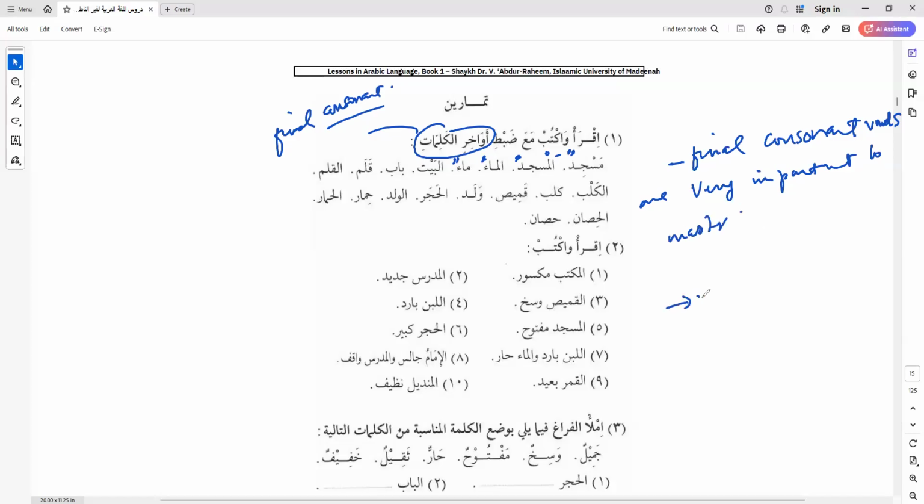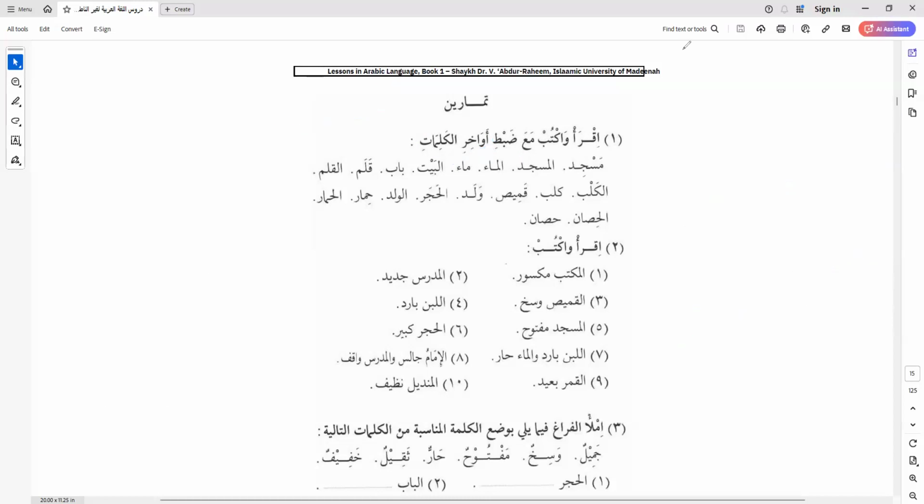Remember, if the noun is indefinite and it's standing alone, it has domatain. It doesn't have alif or lam. But if it's a definite noun and it's standing alone, it's one dhamma. So as you can see what we are doing there. You say masjidun. Here it's standing alone. And then here it has alif lam, so we have to say al-masjidu. Al-ma'u, ma'un. Al-baytu, babun, qalamun.